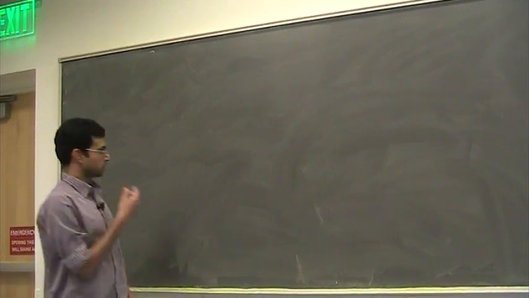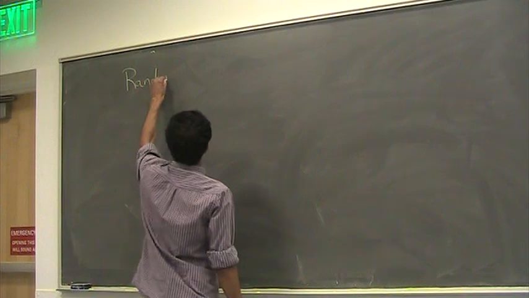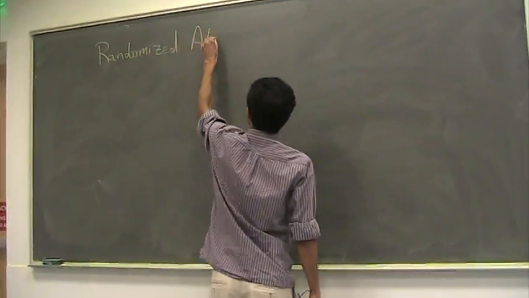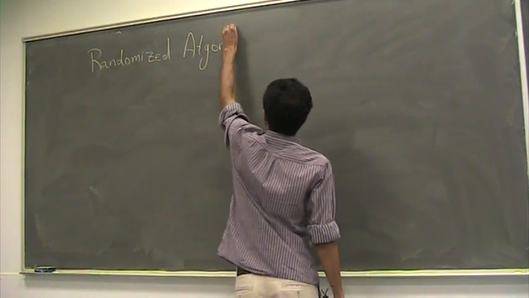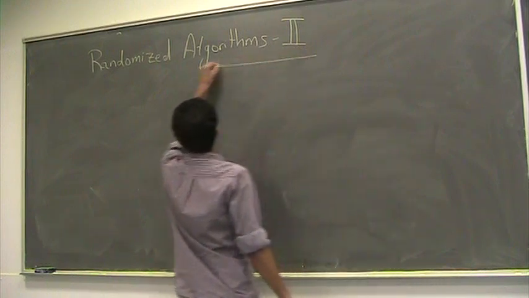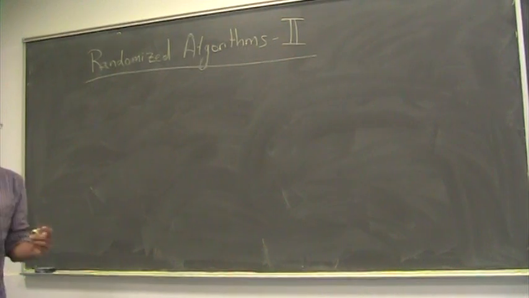So today we'll do randomized algorithms part 2. Today will be a little slower because the algorithm is somewhat much more magical, okay?